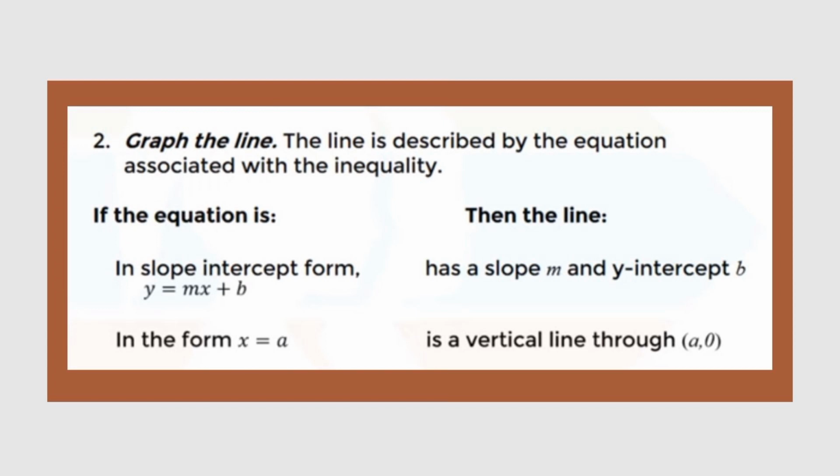If the equation is in slope-intercept form, which is y is equal to mx plus b, then the line has slope m and y-intercept b. If the equation is in the form x is equal to a, then the line is a vertical line through a and 0.